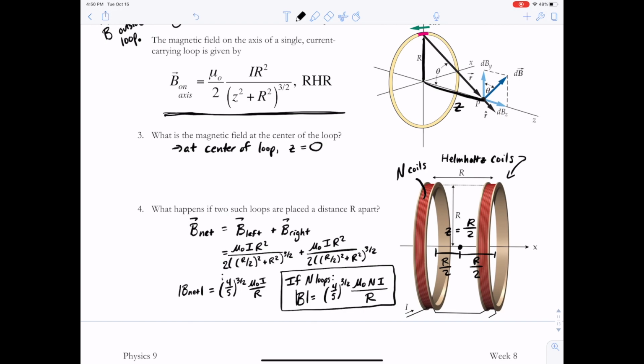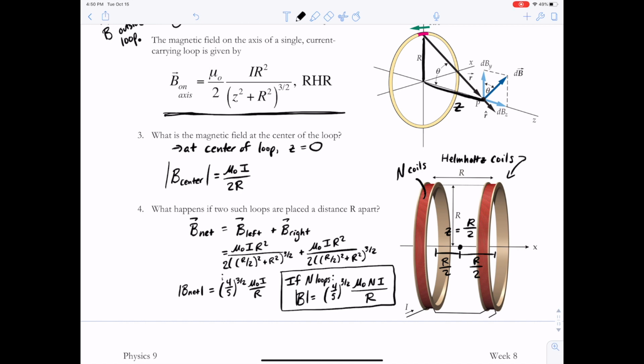Substituting in z equals 0 and simplifying, we'd find that the magnitude of our magnetic field at the center of a single loop would simply be mu naught I divided by 2 times the radius of the loop.